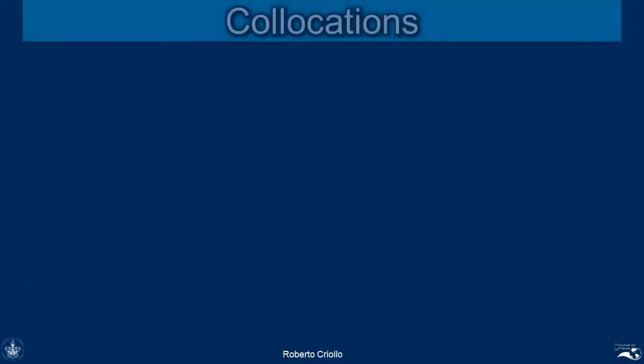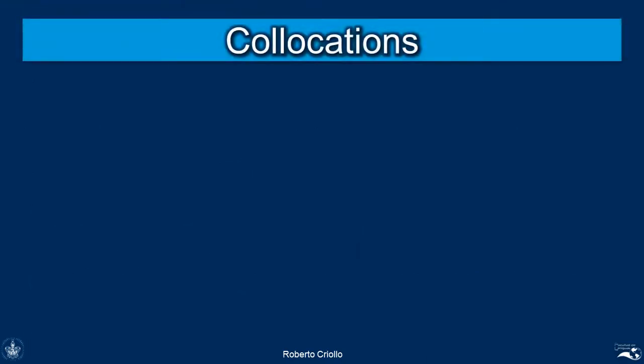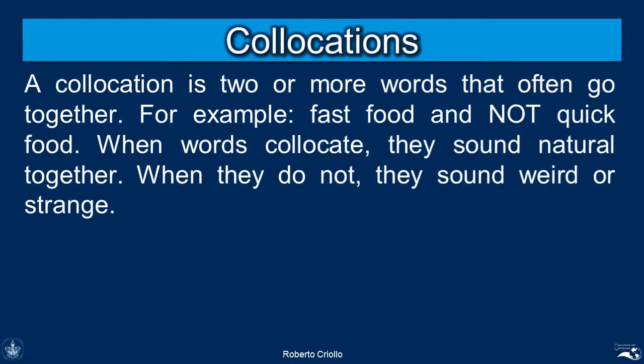Now, why is it important to look at collocations? We said it before, a collocation is a group of 2 or more words that often go together. For example, we say fast food, and we do not say quick food, even though it means exactly the same thing. Fast and quick are adjectives, they have the same meaning, but fast collocates with food. In other words, it goes together.